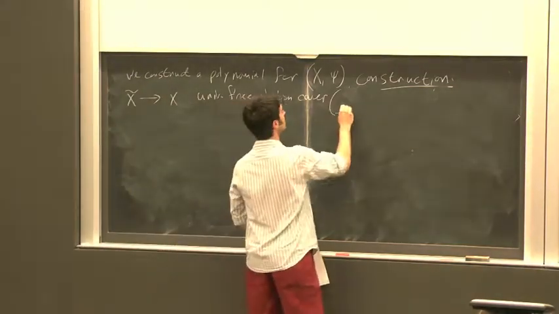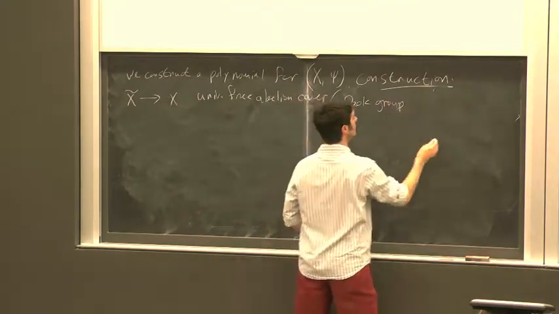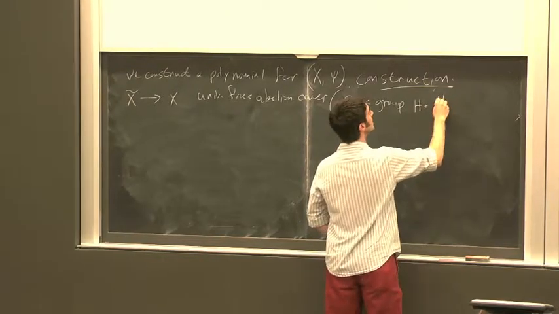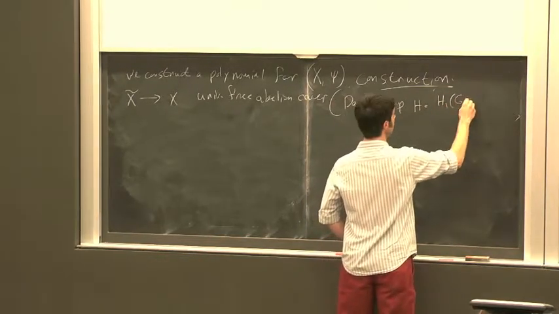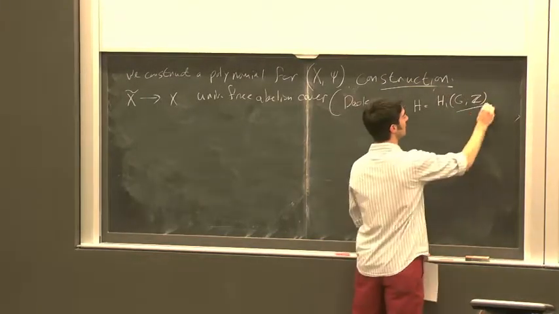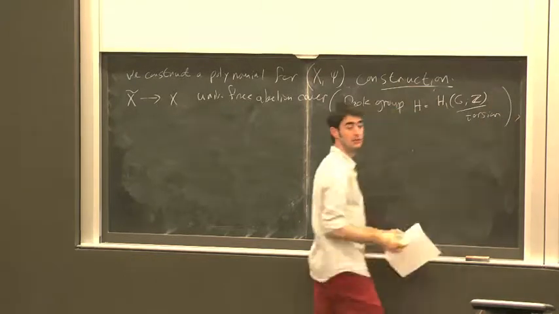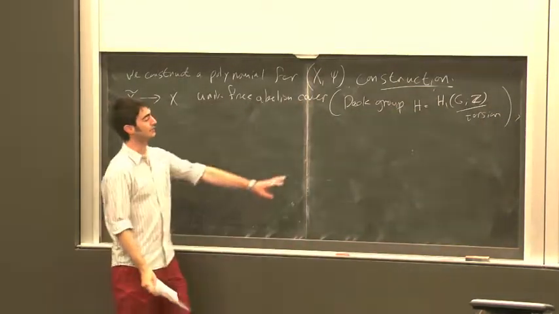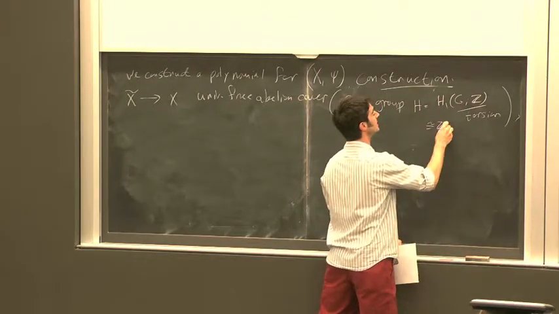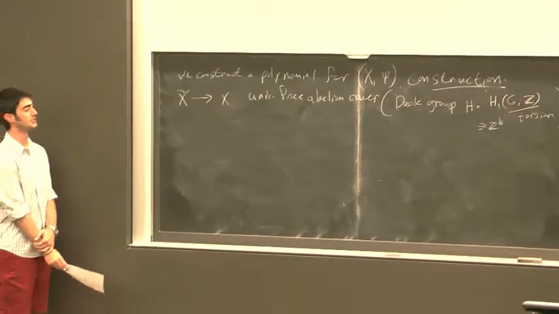Here the deck group is the largest abelian quotient of my group. I'll call it H; it's the first homology of my group, the abelianization, and I want it to be free abelian, so I mod out by the torsion. So it's some cover with deck group this abelian group, isomorphic to Z to the V for some V, where V is the first Betti number of G.